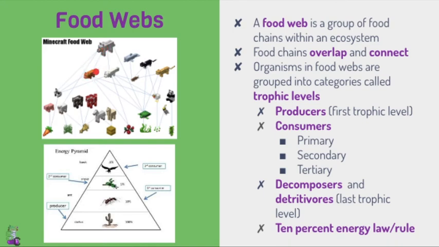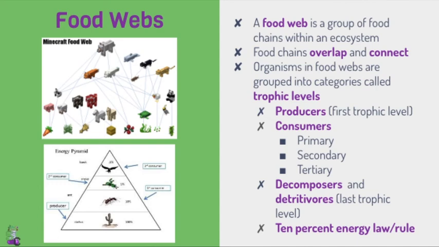So tertiary consumers eat secondary consumers. And again, they are at the fourth trophic level. Just to sum it all up, tertiary consumers eat secondary consumers, our secondary consumers eat primary consumers, and our primary consumers eat producers. So relatively simple. Just keep all this in mind when you think about a food web.